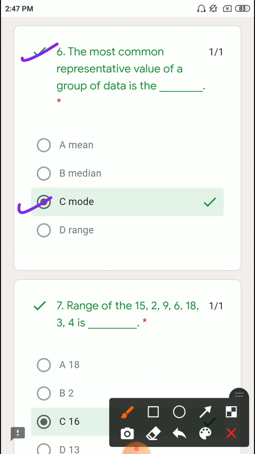That's why the most common representative value of a group of data is the mode. Mode means the highest number of times repeated value, right? The most repetitive value is called the mode. So our answer is option C, mode. This is the definition of mode.